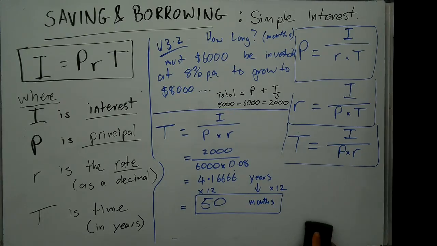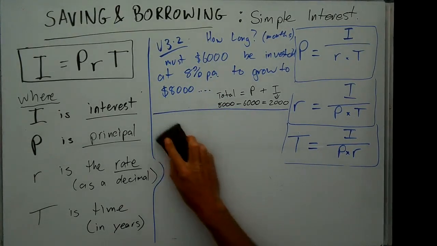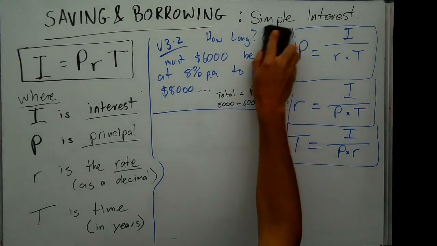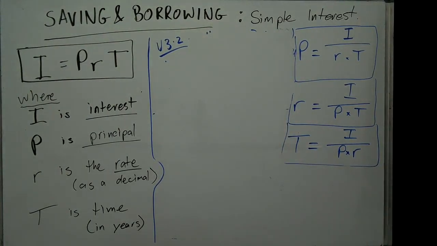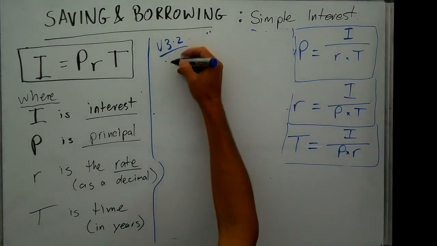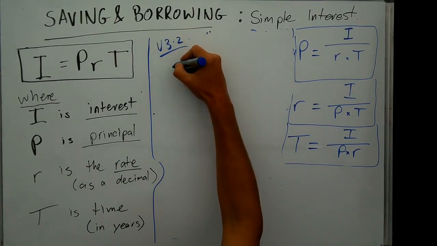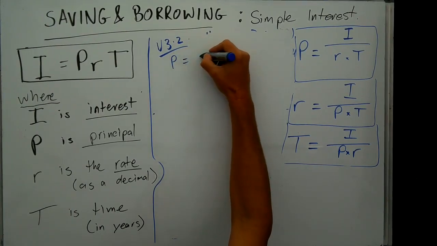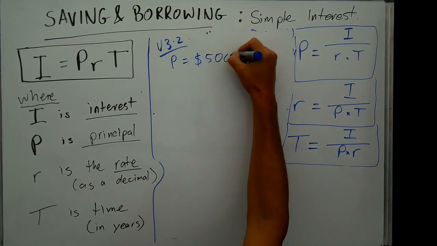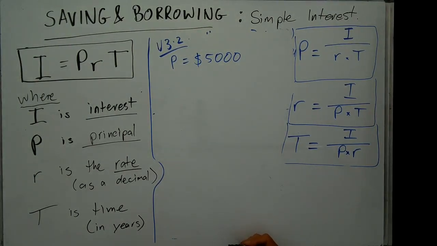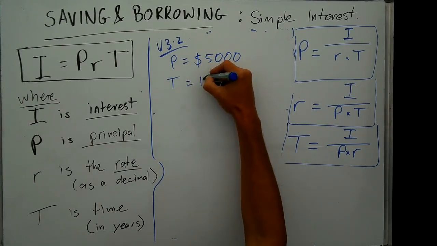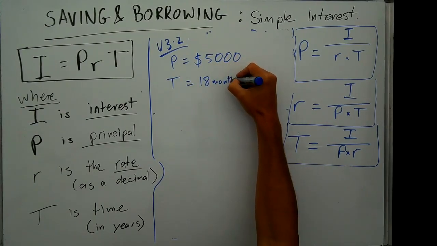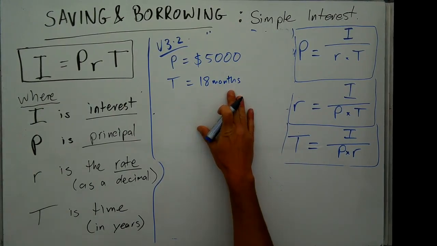Okay, I've got one more example. Okay, so this says Rodney pays $5,000. So principal, I'm just going to write it like this, $5,000 over 18 months. Time equals months. We're going to have to convert that to years.